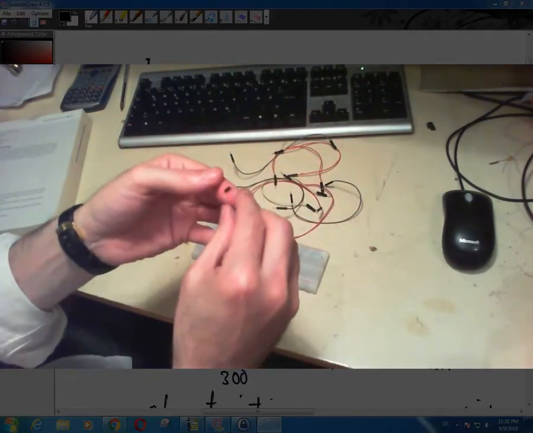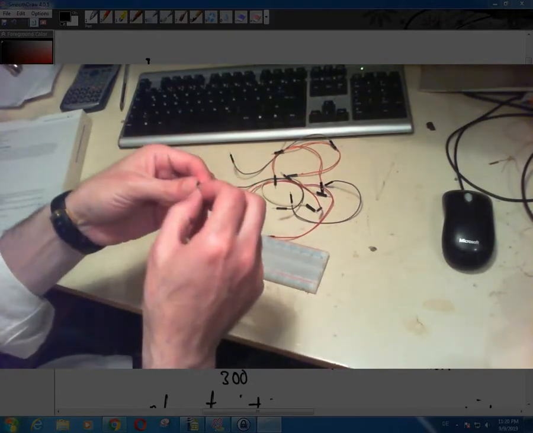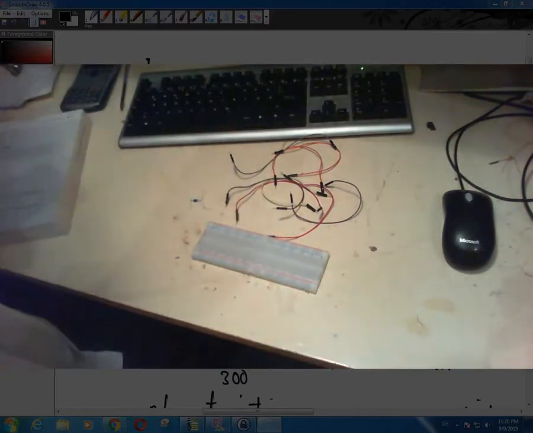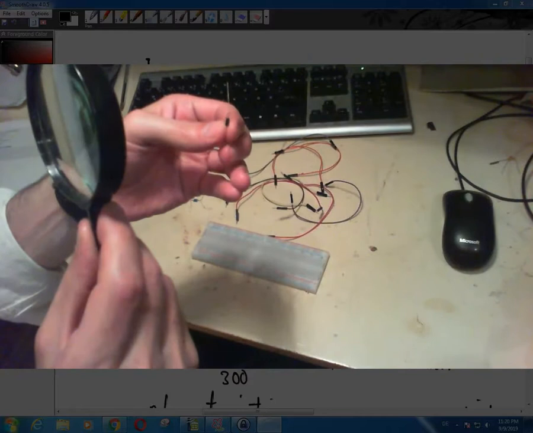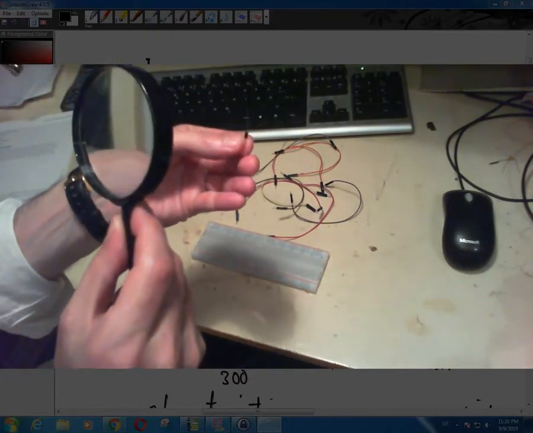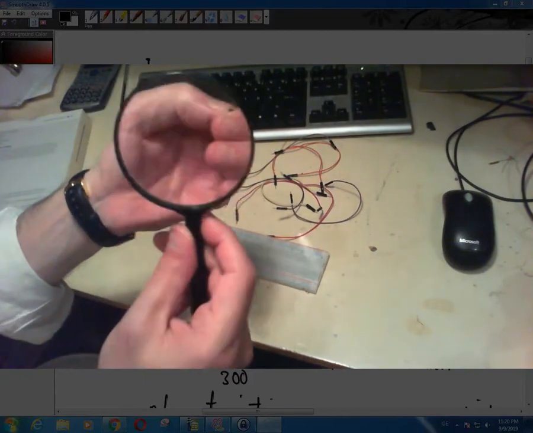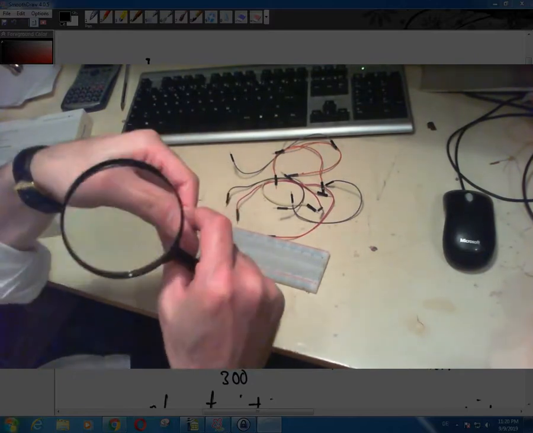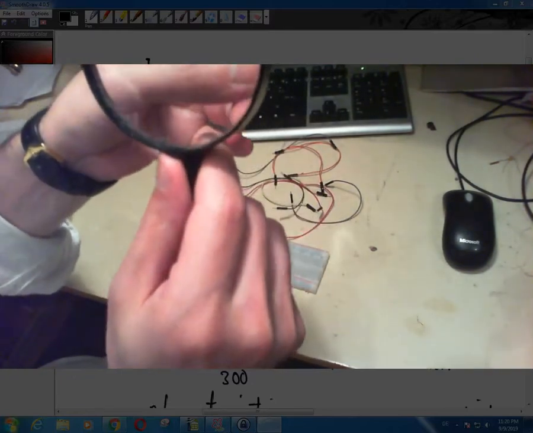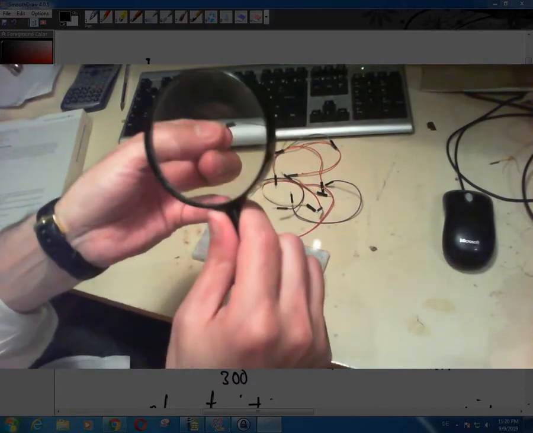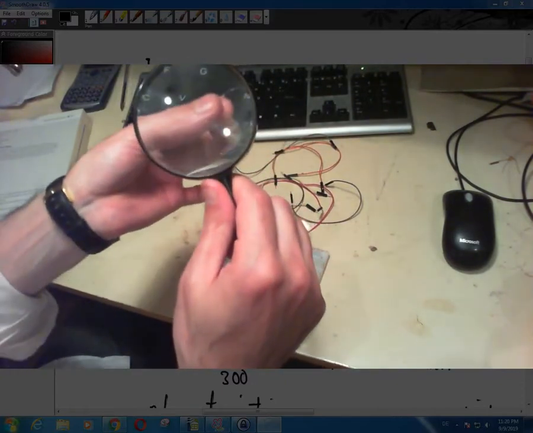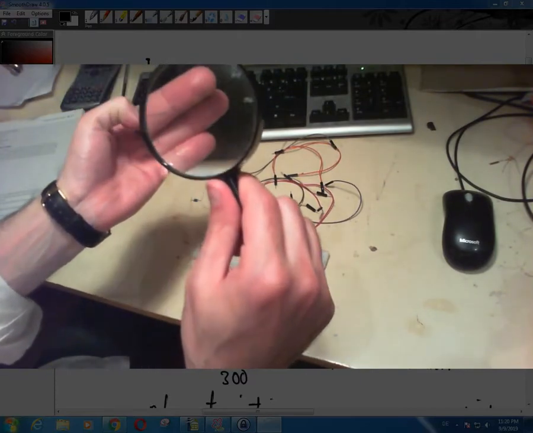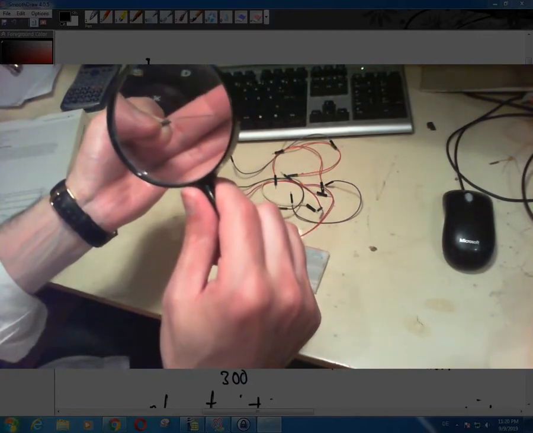I cannot read it, but I suppose it's a 1N4004. Okay, it's a 1N4004, and you see that on the diode basically you have... I suppose you can see. No, you can't see. Okay.